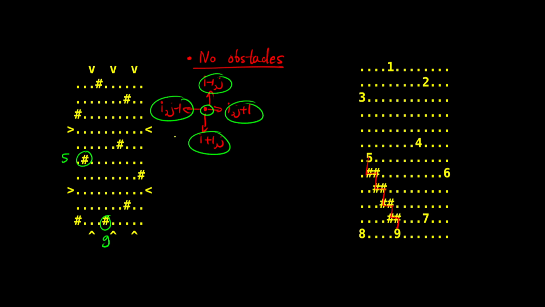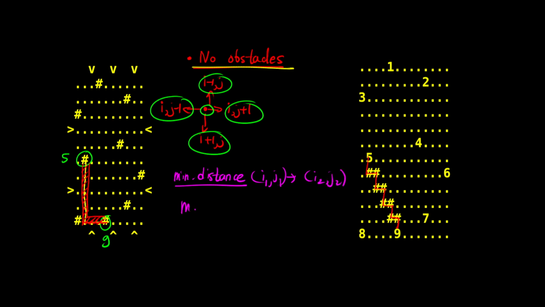There is no such condition, hence basically we can traverse any path like so, and it is always the minimum path. So if you traverse this path, it will give us the minimum distance between these two hashes, and the minimum distance for these two hashes would be given by, let's say, from I1, J1 to I2, J2 as the Manhattan distance between those 2 points.